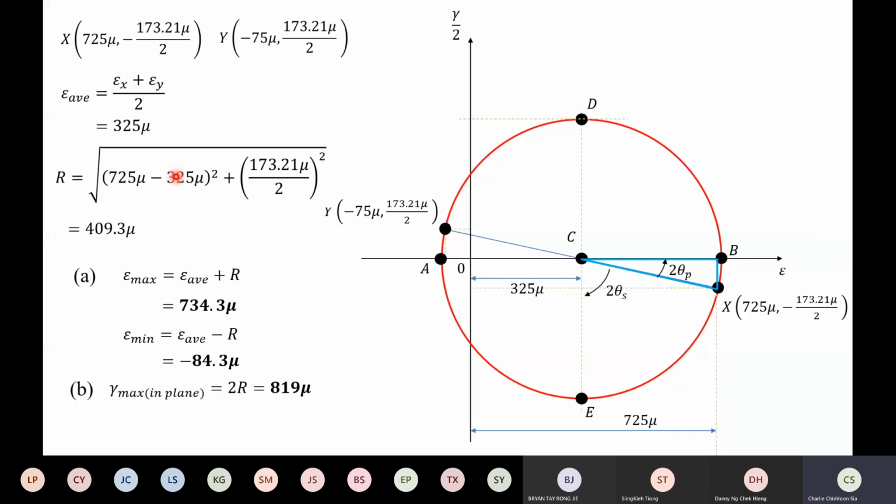From there, just determine the coordinates of x, y, and then the average strain. After that, you can start to sketch your Mohr's circle. The scale for the x-axis and y-axis must be the same. You cannot use a scale of 1 equals 10 micron for the x-axis and 1 equals 5 micron for the y-axis.